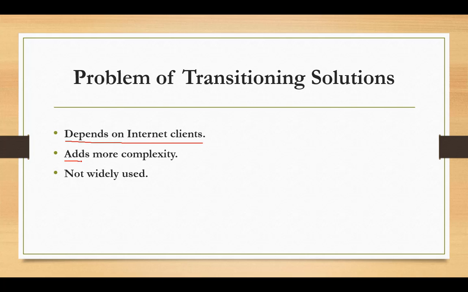So using translations, for example NAT64, adds more complexity, and getting the DNS involved in the communication process adds more complexity as well. So it's not widely used. Not all enterprises use NAT64, DNS64.